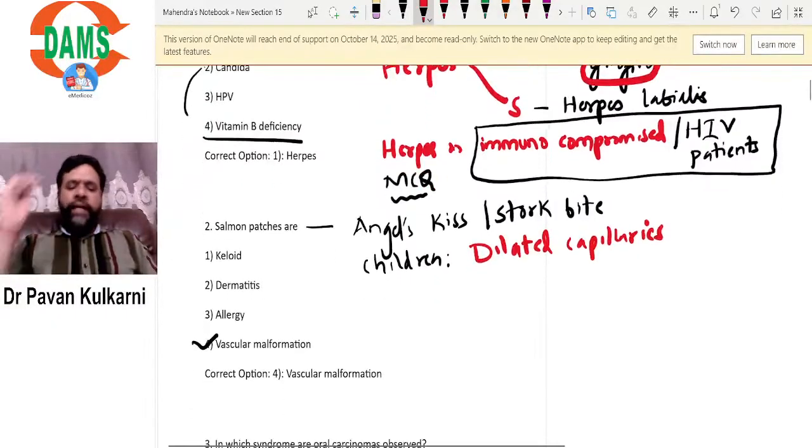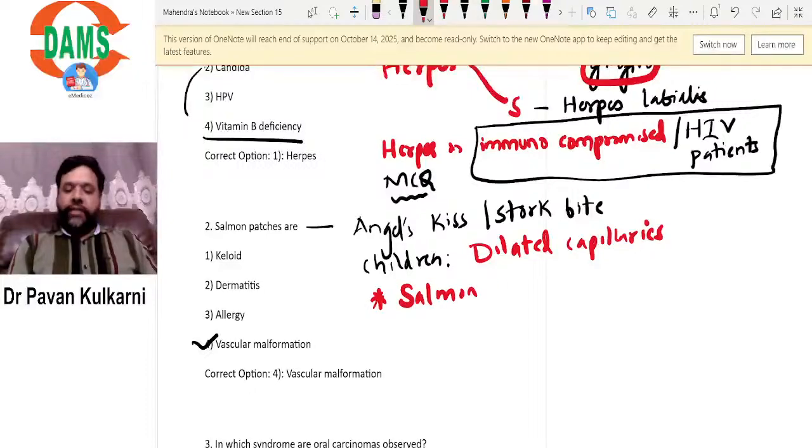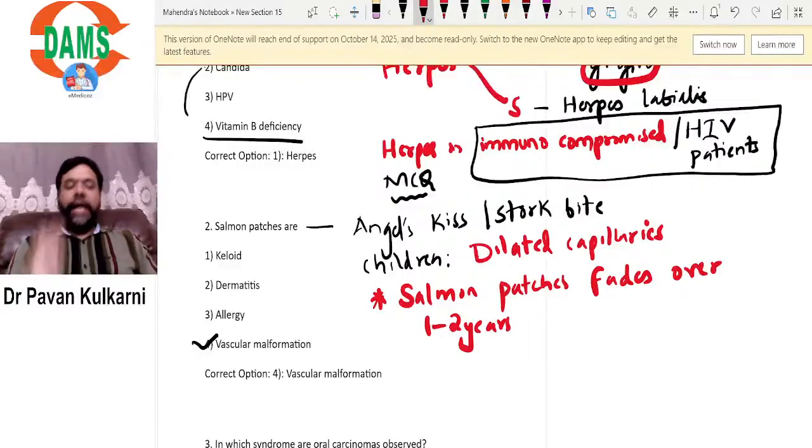The most important difference between the salmon patch and the port wine stain is that the salmon patch usually fades. The color fades over 1 or 2 years.